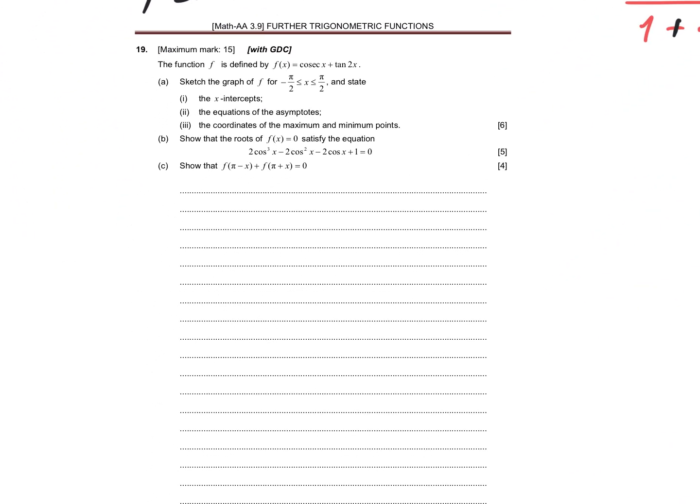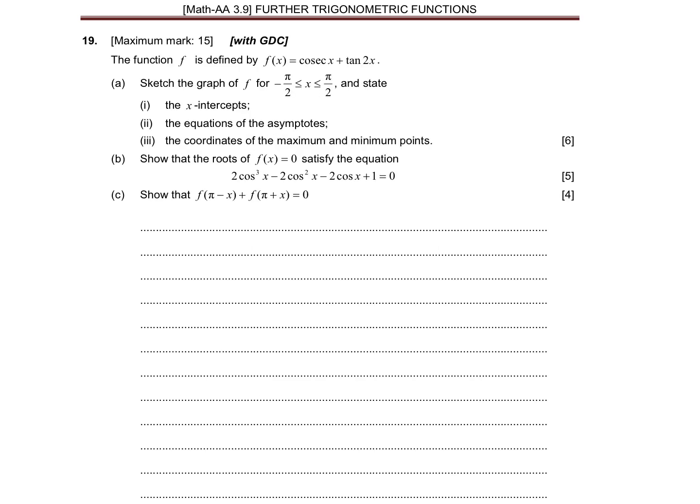Okay, function f is this. Sketch the graph. So we want to sketch this graph from negative pi over 2 to pi over 2. So the first thing we need is graph trace endpoints. Also the first thing that comes up is 0 is undefined.